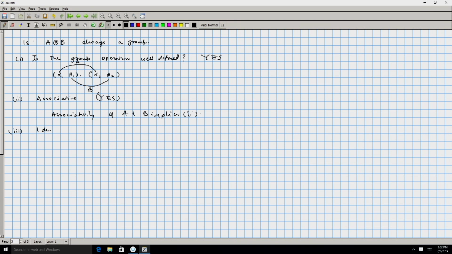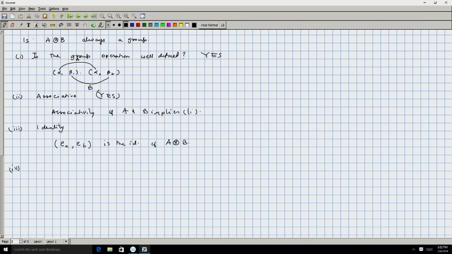The third is the identity property. So, let us say EA is the identity of A and EB is the identity of B. This will act as the identity of A direct product B. This is easy to check: (EA, EB) multiplied with any element (A, B) is going to be EA combined with A and EB combined with B. By the property of EA being the identity of A, this will give you A, and EB times B similarly will give you B. So, that can be easily verified, and similarly you can verify inverse as well.